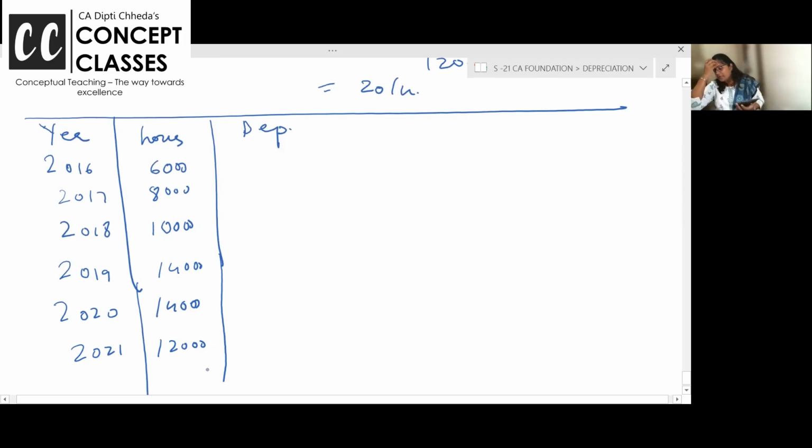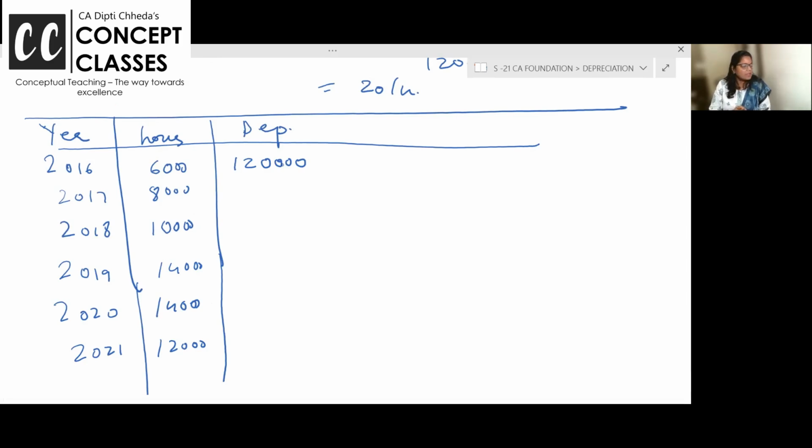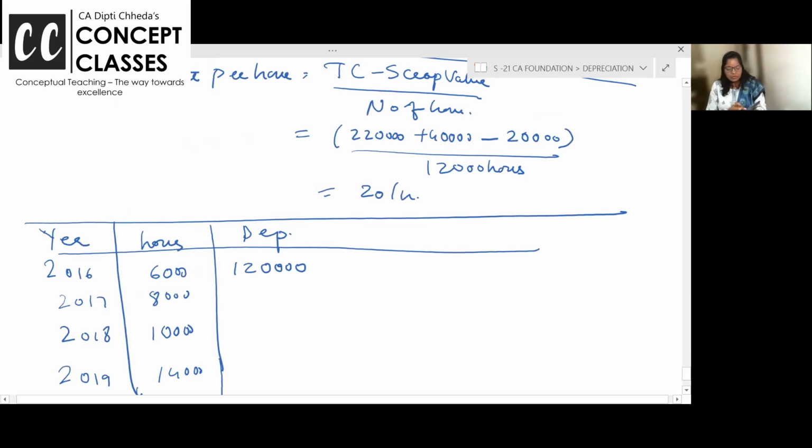Right. 20 per hour is this. So 1,20,000 is the first year's depreciation. See, 220 plus 40,000 minus 20,000, divided by how many are the total hours?